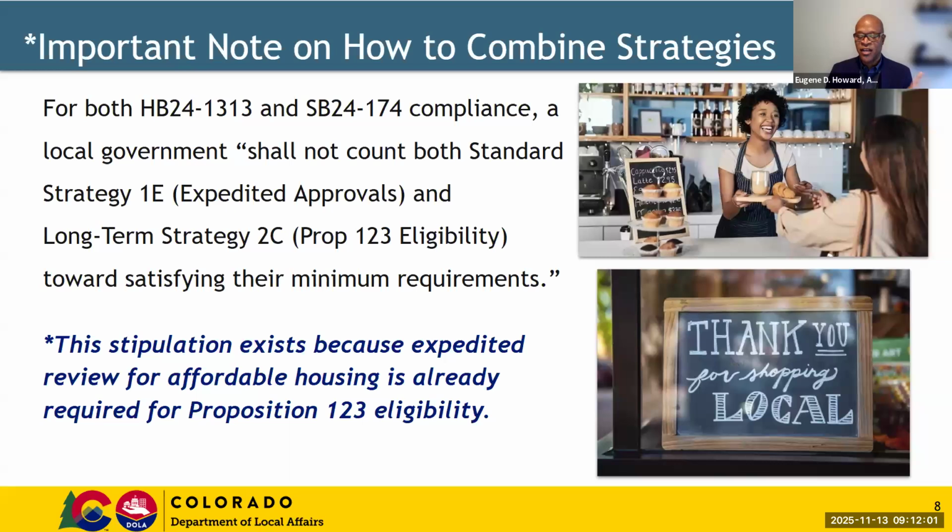Now, I just mentioned a second ago that not all strategies can work across the laws. One example of an exception is with our expedited approvals strategy, really moving things through the process to streamline the time required. So if you are a community that is also taking advantage of Proposition 123, one of the key elements to be a Prop 123 community is having that expedited review process.